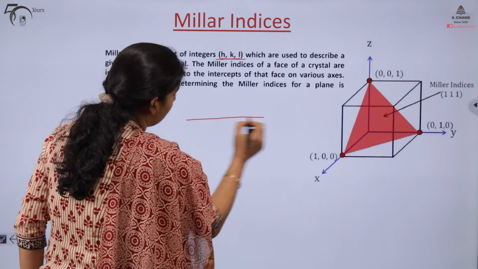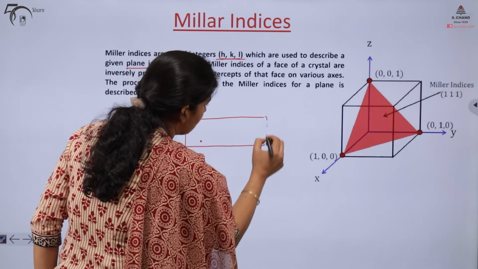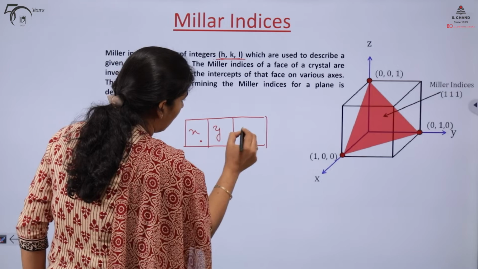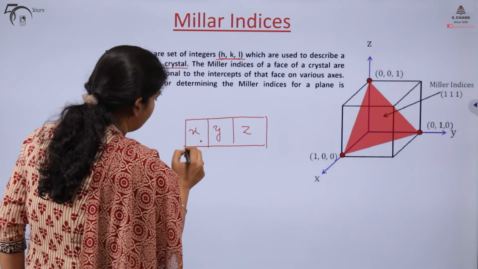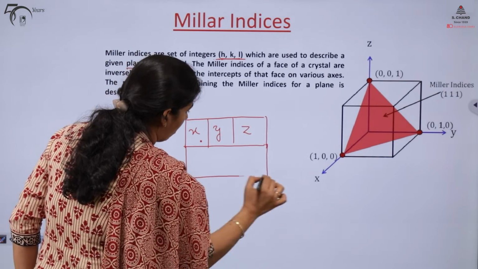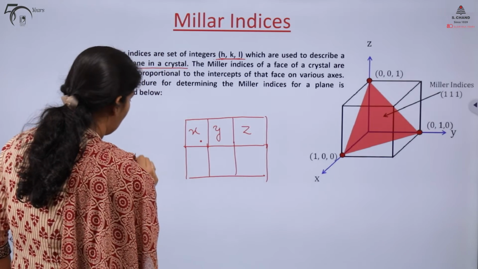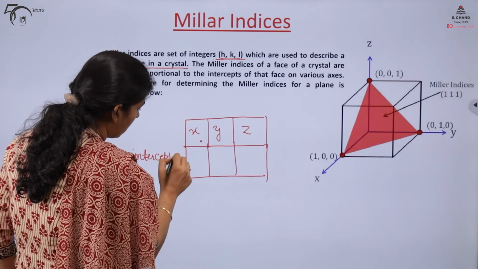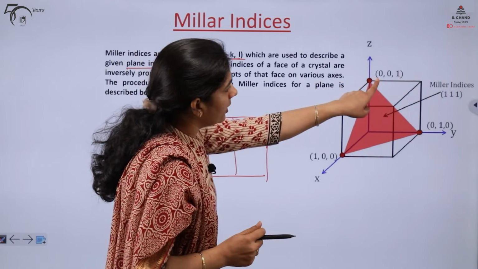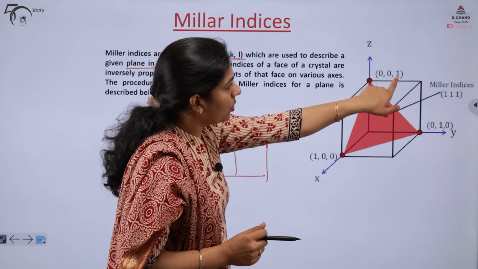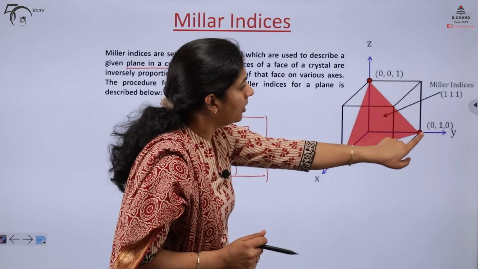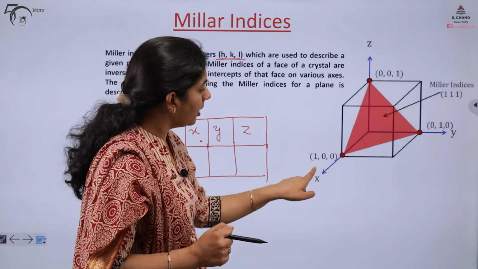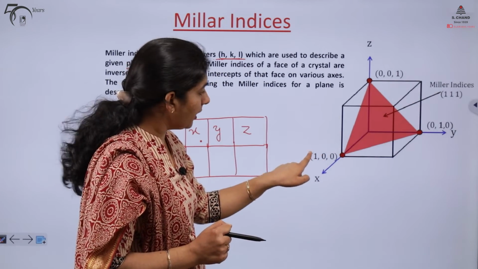Let us first understand what the intercepts are that it makes on the X, Y, Z axes. The coordinates of this point are 0, 0, 1. So what is the value of C over here? It is 1. Then 0, 1, 0: B is 1. Then 1, 0, 0: along the X axis, it has travelled A distance.